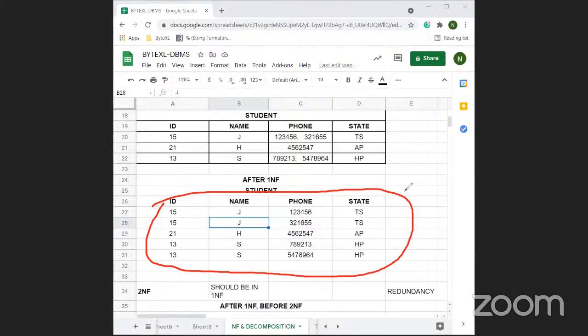If ID 15, that person, is changing their location, for example, that means if the person is changing from Telangana to Tamil Nadu, in how many places do I have to update this? Multiple places. If we have more than one place, it is problematic. The concept is very simple. The more places the data is, the more changes we have to make, the more chances of mistakes.